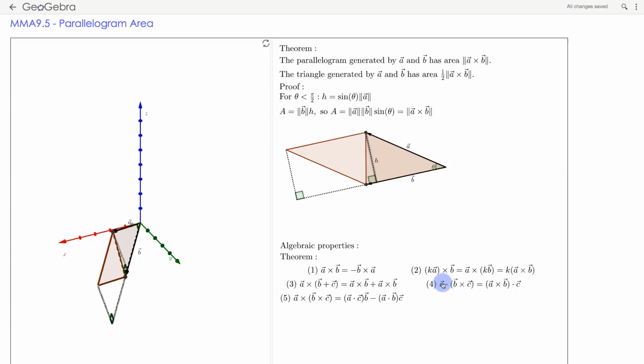Here's something which is a bit more. This is not something you can relate to anything else you've seen. Here you see how a dot product and a cross product behave when they interact. So the dot product with a cross product is the same as the cross product times the dot product, if you remember the order of the vectors.